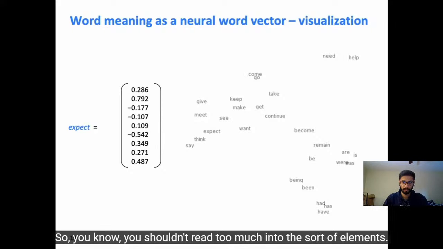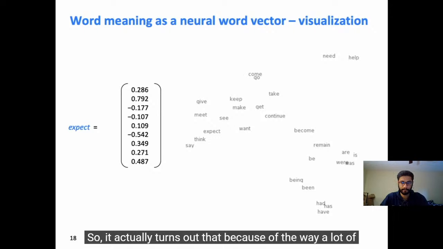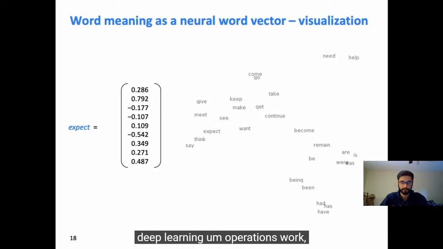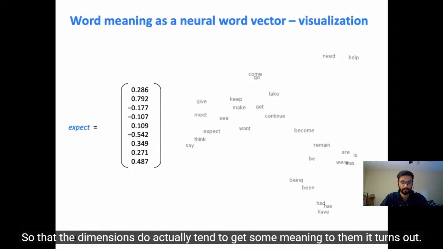So you shouldn't read too much into the elements, though it actually turns out that because of the way a lot of deep learning operations work, some things they do element-wise, so the dimensions do tend to get some meaning to them.